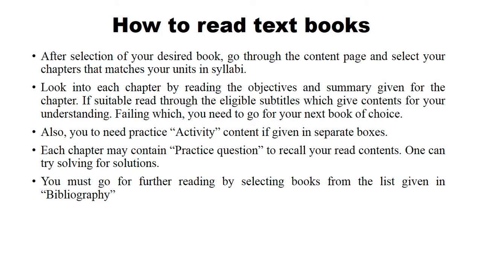Then you go to the eligible subtitles, because a particular topic can be discussed in multiple subtitles, multiple aspects. So you have to select the eligible subtitles that actually match the content of the syllabus, the content I actually need. If the subtitle or the chapter is not eligible, then you have to go for the next book.